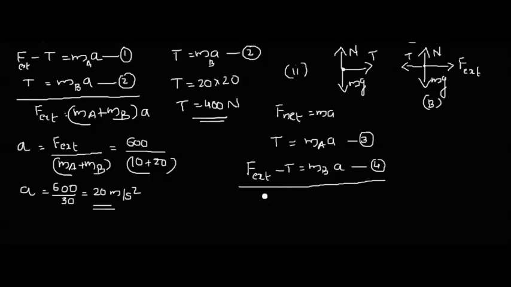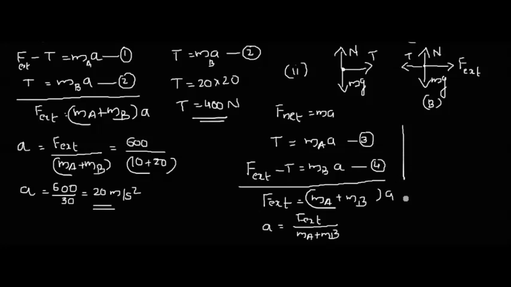The T will get cancelled out and F external will be equal to MA plus MB into A. We are getting the same expression for calculating the acceleration. A is equal to F external divided by MA plus MB. You can see the same equation. Whether we are applying force on block A or on block B, the acceleration of the system will be the same.